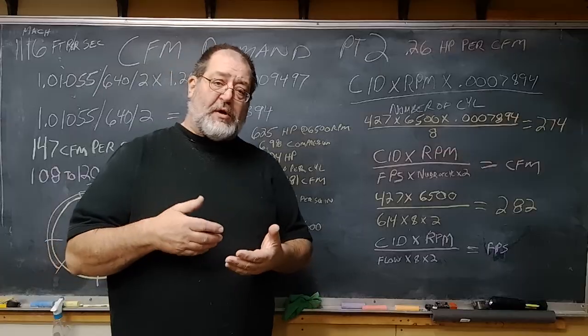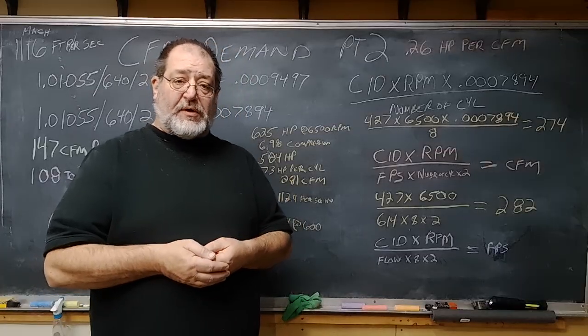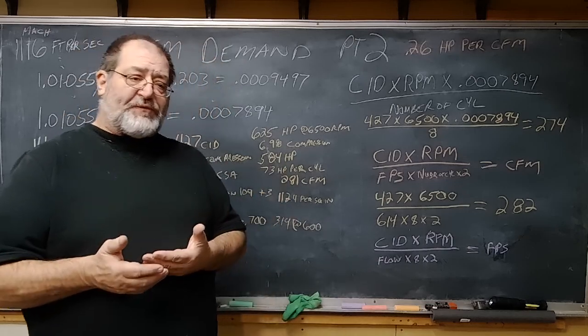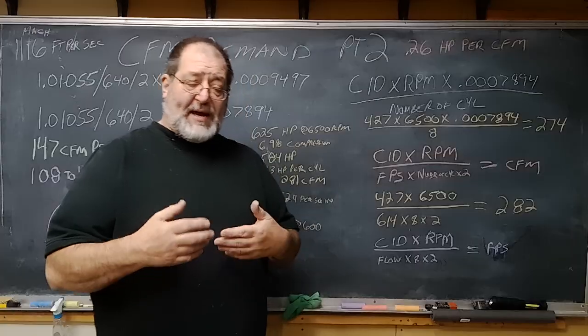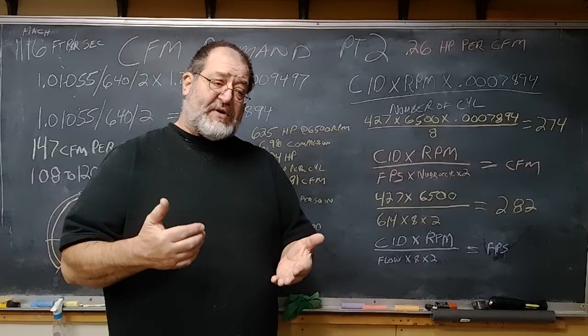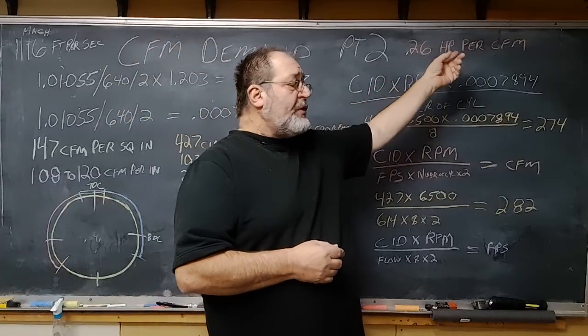Now remember, when we look at a port on a flow bench, we're looking at an individual cylinder. So to get that to CFM, Superflow, for their flow bench, came up with a number years ago that's held really true. They did a lot of testing and they showed 0.26 horsepower per CFM.